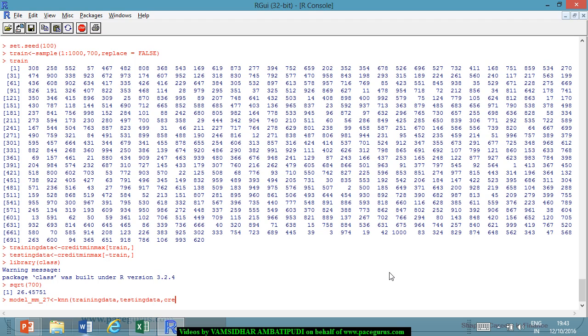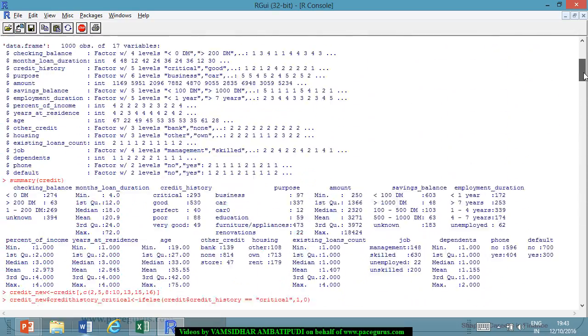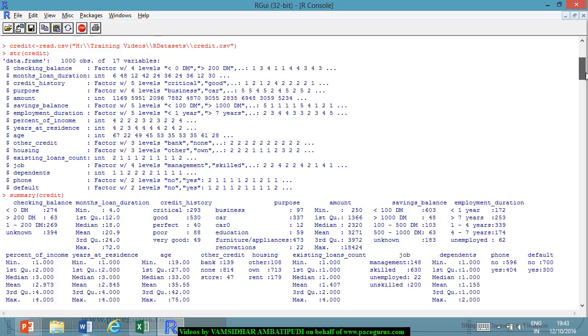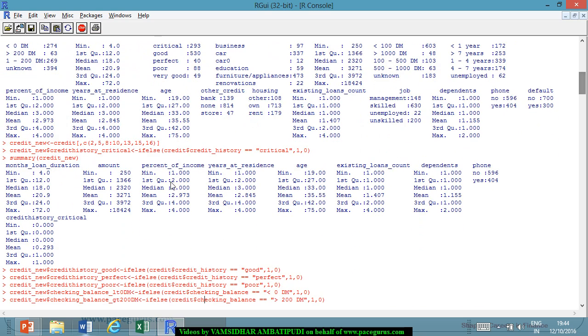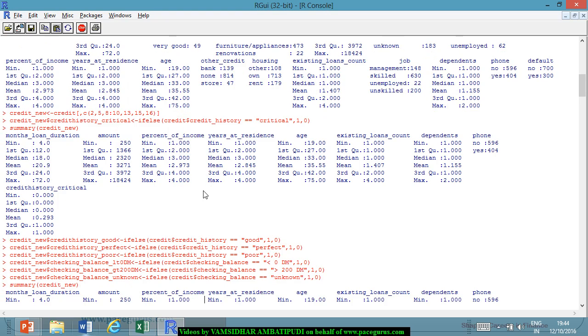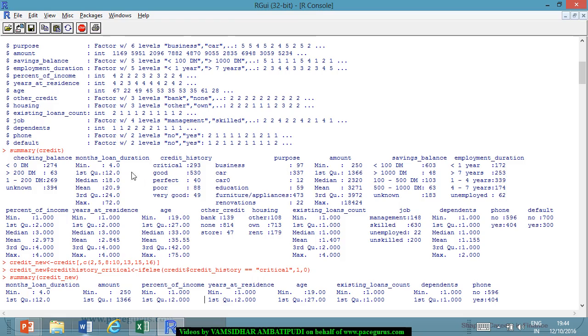So I will take credit_new dollar... what is the variable for the class? Let me just go back and look at the variable for class. It is default. Credit_new does not contain the default, so I have to go one more step, credit.